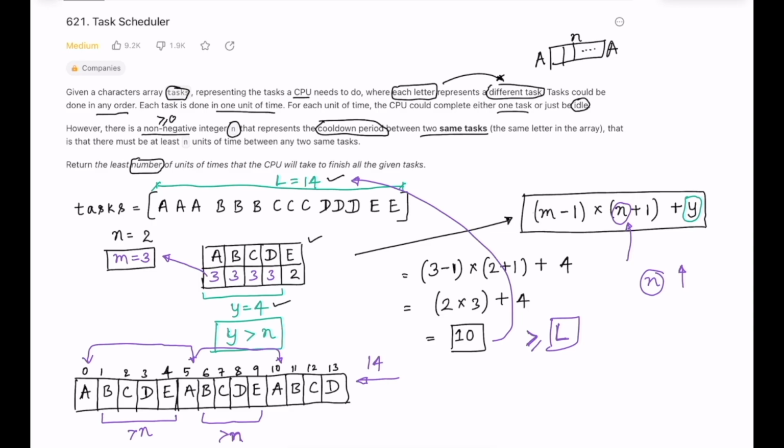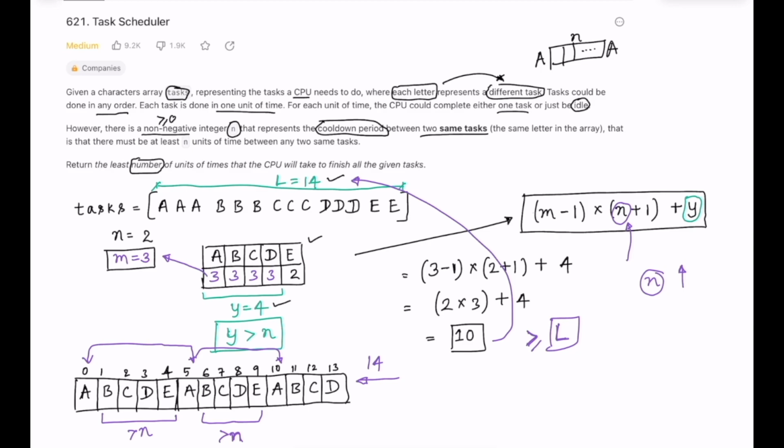So whenever we have more than n most frequent tasks, this formula doesn't work, and we can easily return the length of the tasks itself, because we can find an order that will execute all the tasks in that many units of time.